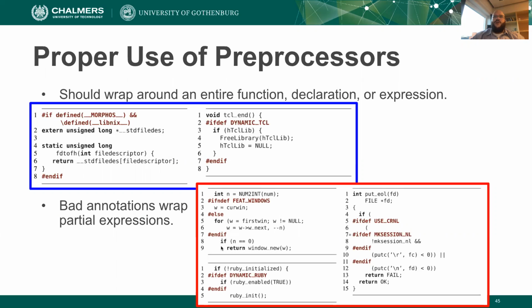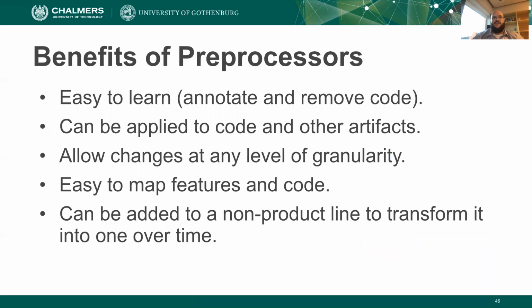You don't know the value of this, which decides whether line 8 here, this if n equals 0, is within the body of a for loop or not, and that's potentially very problematic. That could cause you to miss major issues in your code. Right, so you want to be really careful when you're using these.